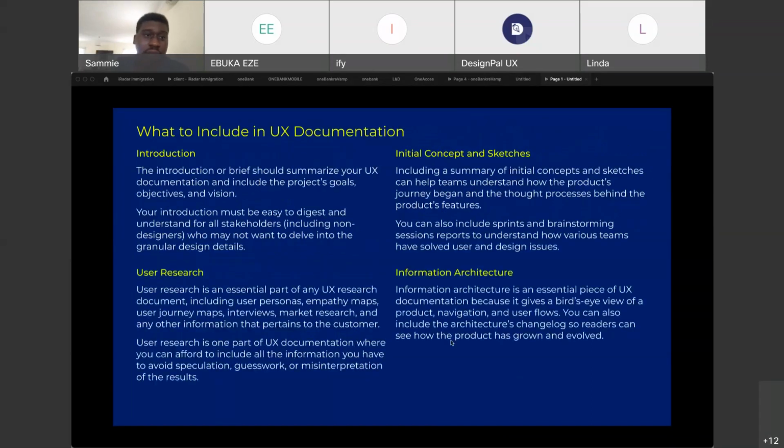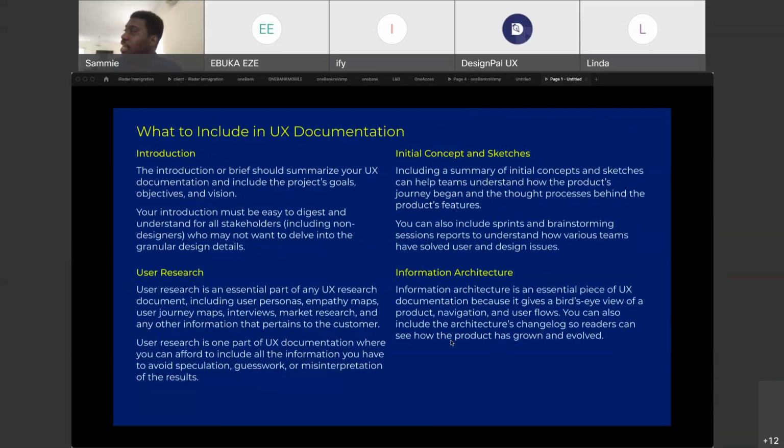Now, let's talk about what to include in your UX documentation. As usual, you have your introduction. Now, for every UX project, and I'm saying this now because it will help you grow as a UX designer, you must have a project brief. You must have your defined goals, objectives and the vision.